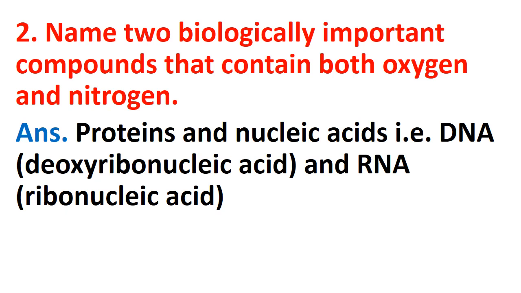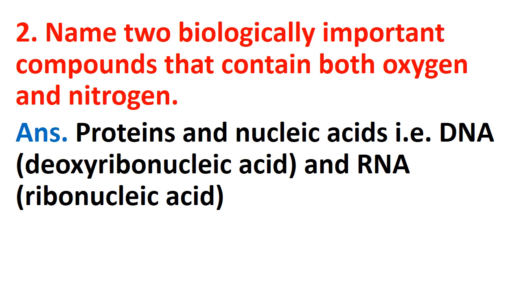Question number 2 was, name two biologically important compounds that contain both oxygen and nitrogen. So the answer is proteins and nucleic acids. What are the examples of nucleic acids? That is DNA and RNA. DNA is deoxyribonucleic acid and RNA is ribonucleic acid.